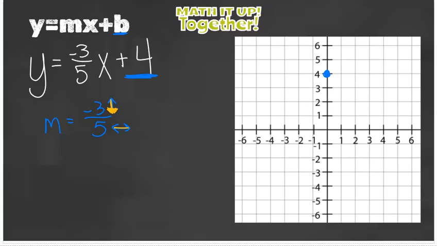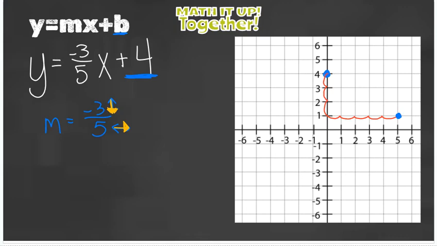This is positive, so I'm moving right. Now I can count from this point and find another point that's going to fall on my line. I'm going to move down 3, 1, 2, 3, and move right 5, 1, 2, 3, 4, 5. And this is the location of one of the other points on my line.